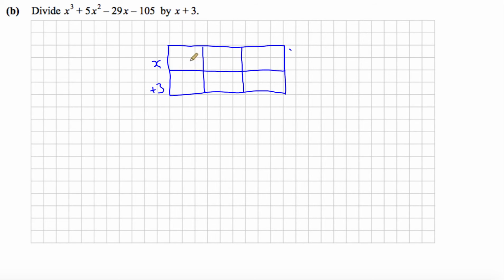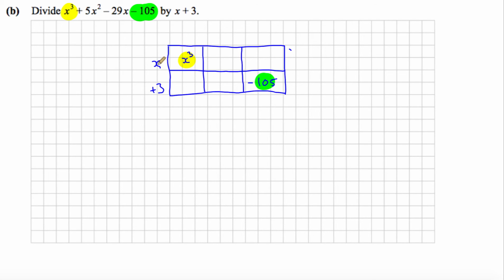So what we can do is we can put the first value in there, and we can put the last value in here. So this is the setup for the grid method. So our x cubed is here and our minus 105 is there.